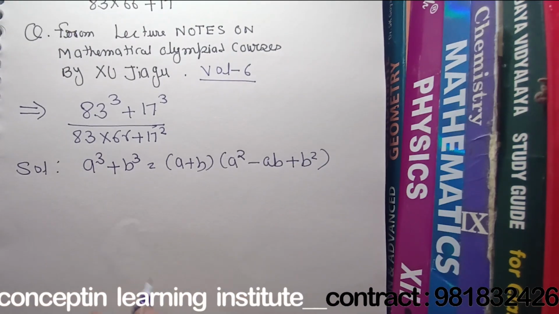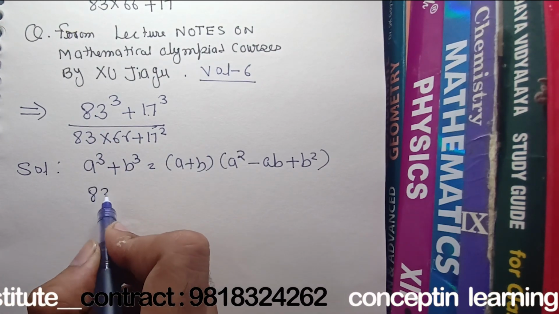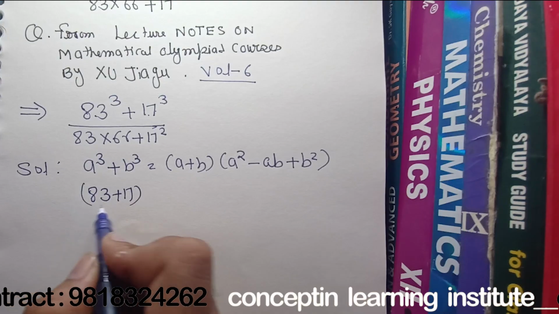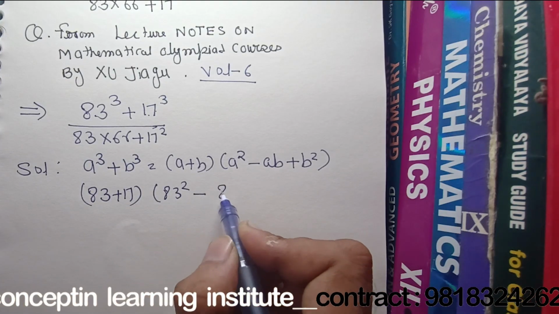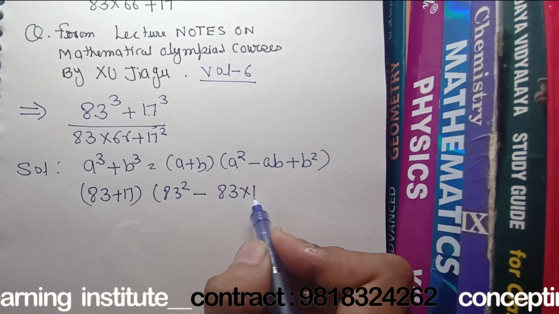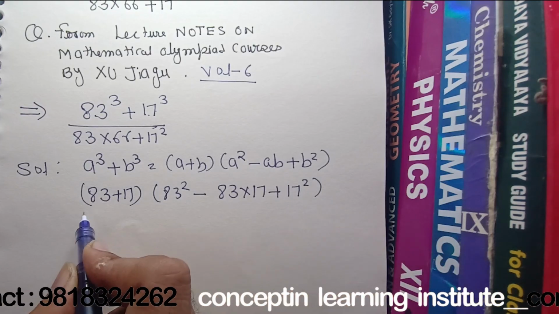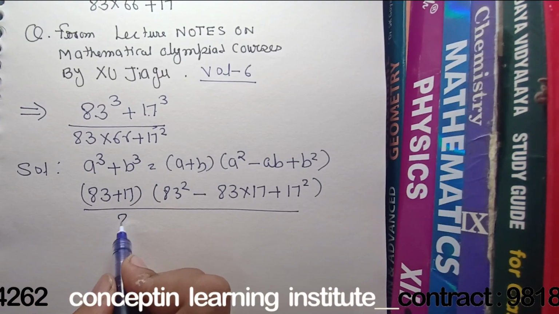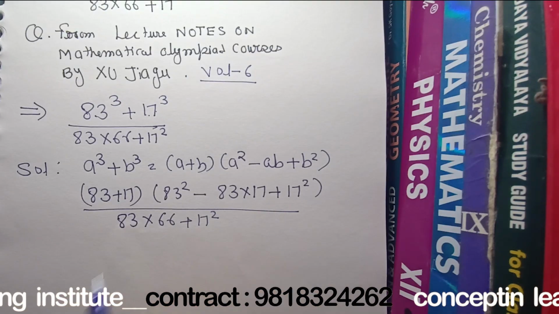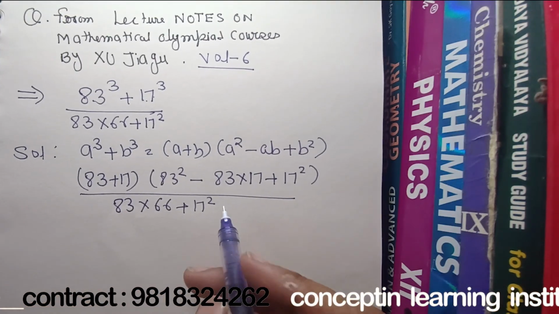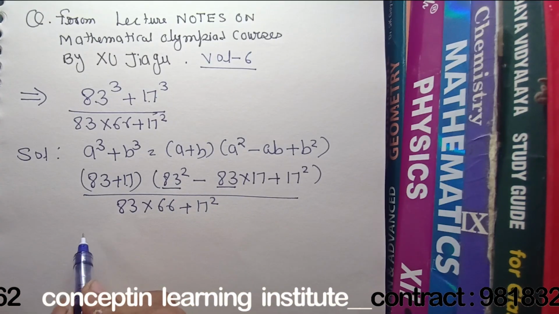So this expression becomes (83 plus 17)(83 square minus 83 into 17 plus 17 square), and the base remains the same, 83 into 66 plus 17 square. So taking common 83 from here, this becomes 100.